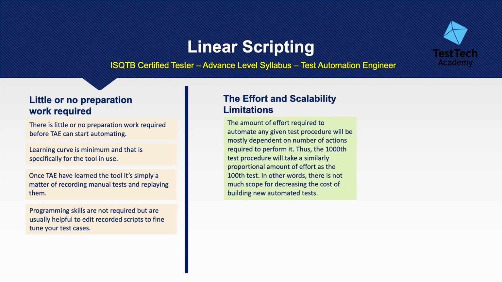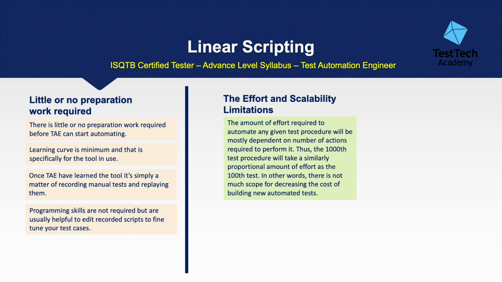The disadvantage, the first one, is the effort and scalability limitations. The amount of effort required to automate any given test procedure will be mostly dependent on the number of actions required to perform it. That's why the thousandth test procedure will take a similar proportional amount of effort as the hundredth test.